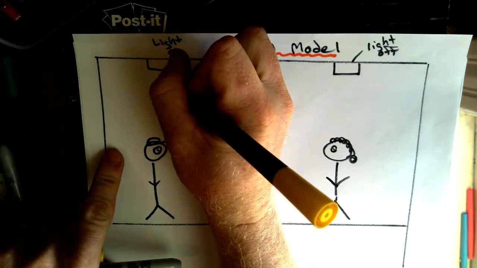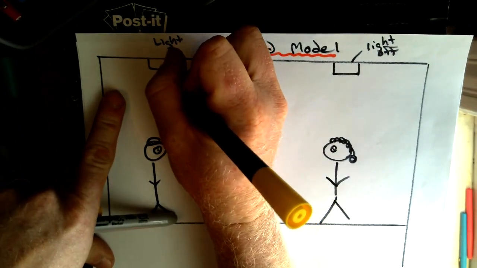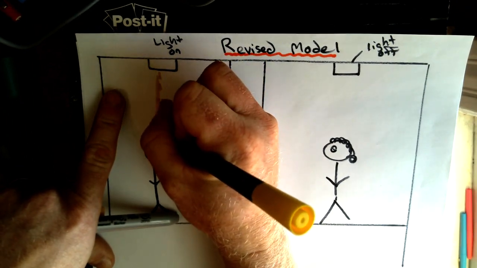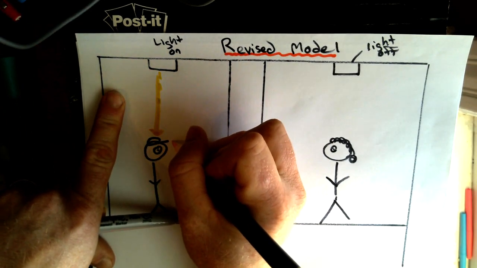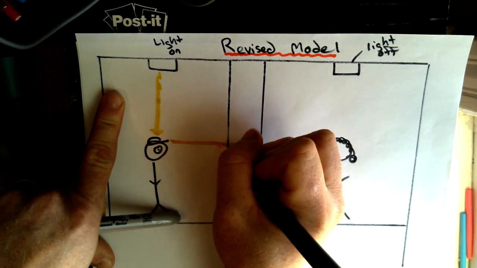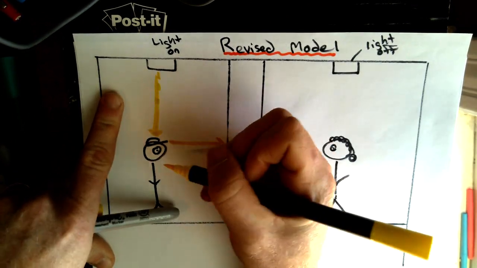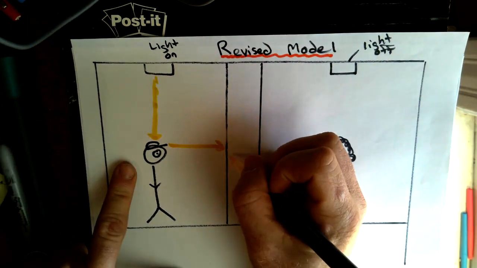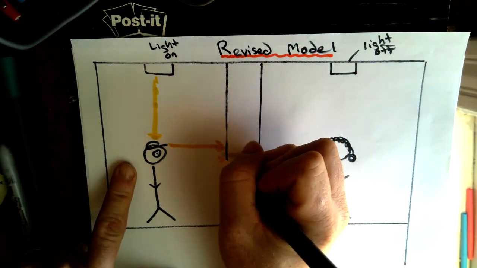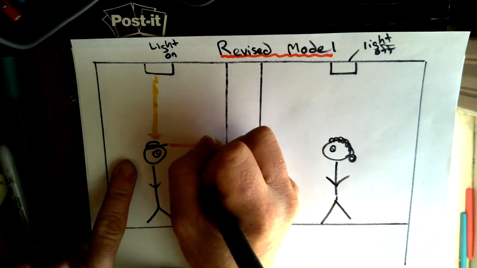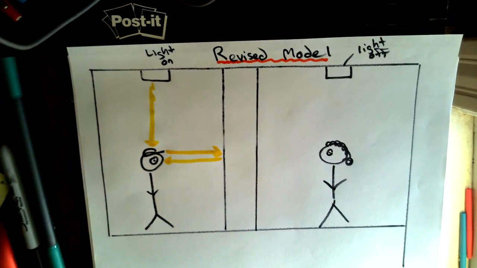All right, so in order for us to see something, light has to travel from the source to an object, then it bounces off the object. In this case, the object is the student, hits the one-way mirror, and reflects back to that student, right?